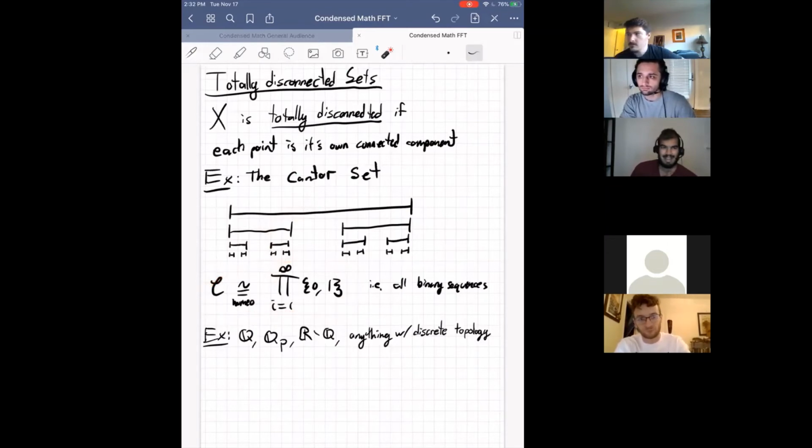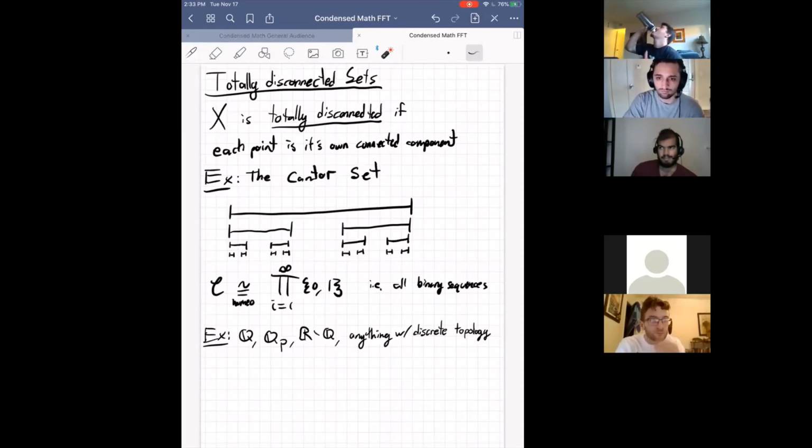It's interesting. And it's also totally disconnected. I guess the way you see it's totally disconnected is that any point is going to differ at some level from any other point by some positive distance. So it's totally disconnected as a subset of the real numbers.